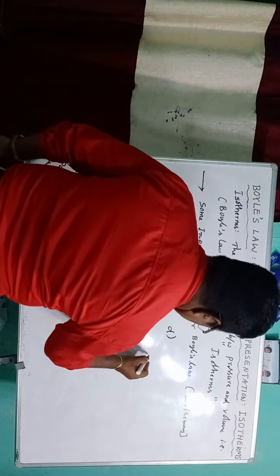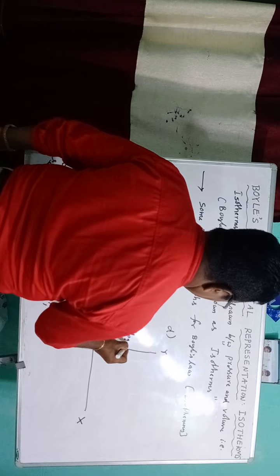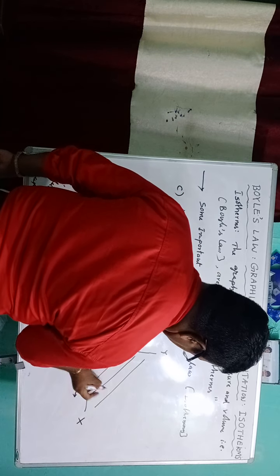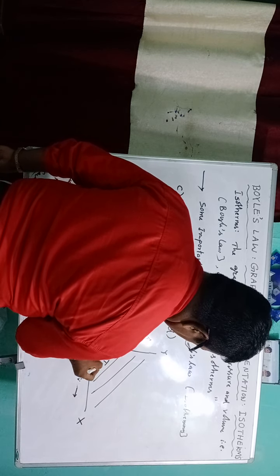So the last isotherm is this: this is the y-axis, this is the x-axis, this is log P, this is log V. Then T1, T2, T3.